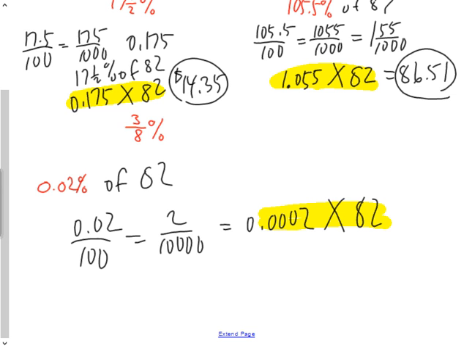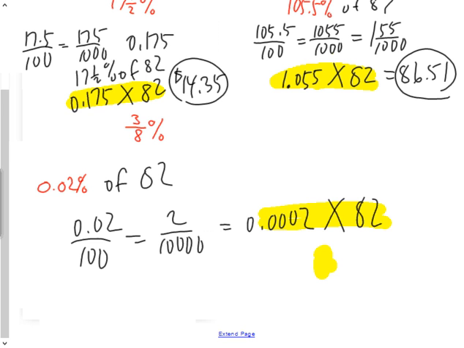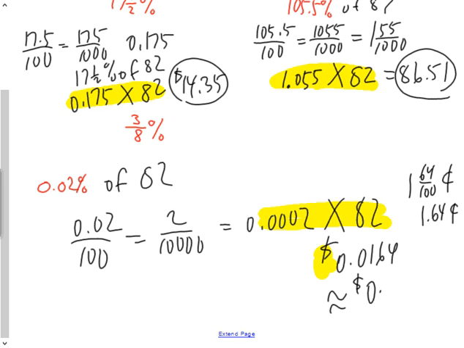And the answer, 0.0002 of $82, is approximately $0.0164, or 1.64 cents, not quite 2 cents, or what most of you are probably going to do, approximately 2 cents if you round up.